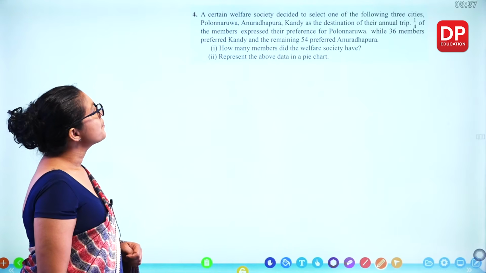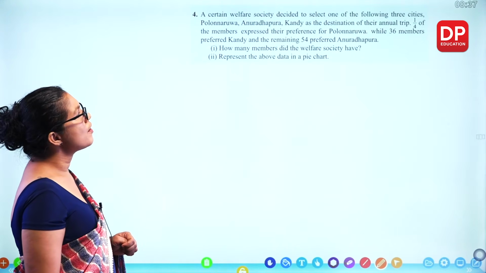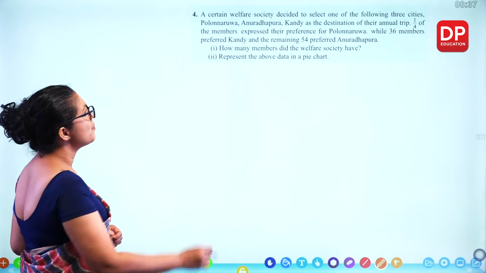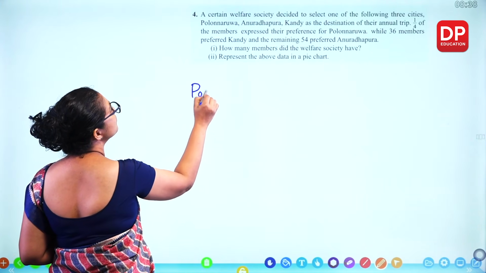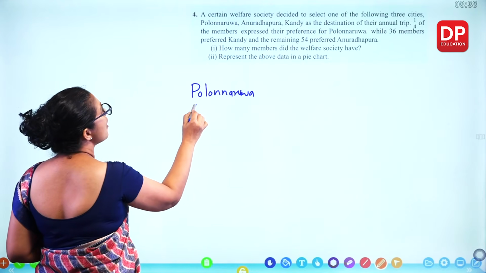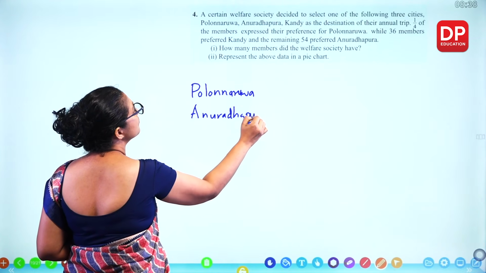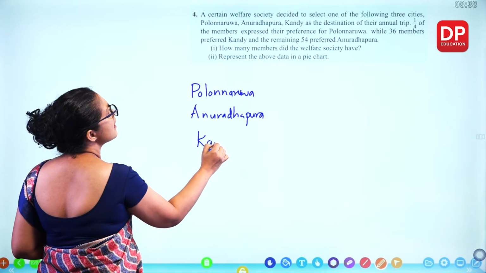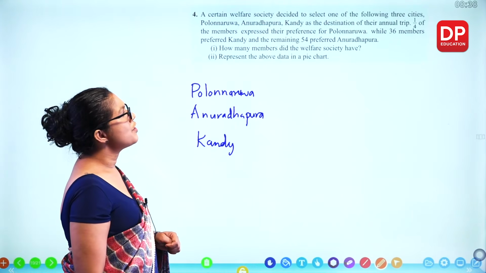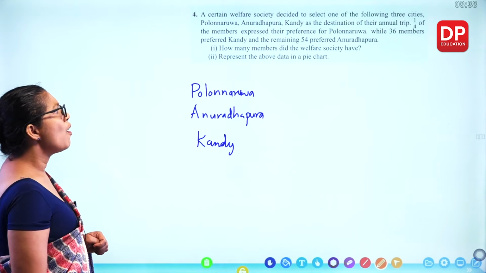Question number 4. A certain welfare society decided to select one of the following 3 cities: Polonnaruwa, Anuradhapura, and Kandy as the destination of their annual trip. 1/4 of the members expressed their preference for Polonnaruwa.